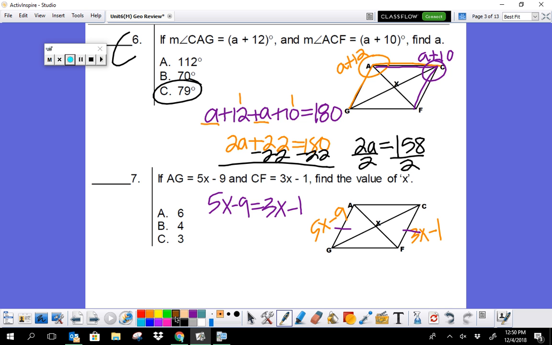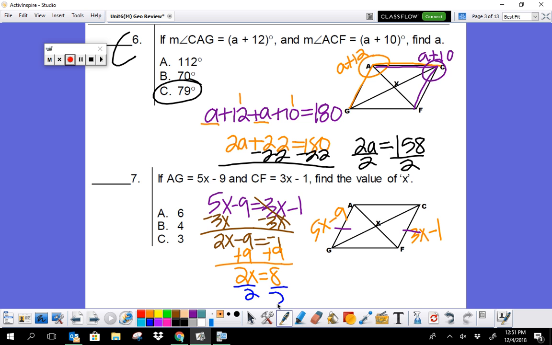I'm going to subtract the 3x. So I have 2x minus 9 equals negative 1. And then I will add 9. Negative 1 plus 9 is 8. I divide by 2. And so x is 4.